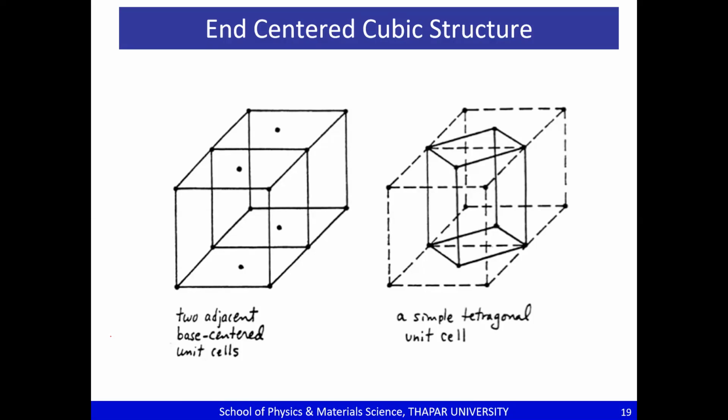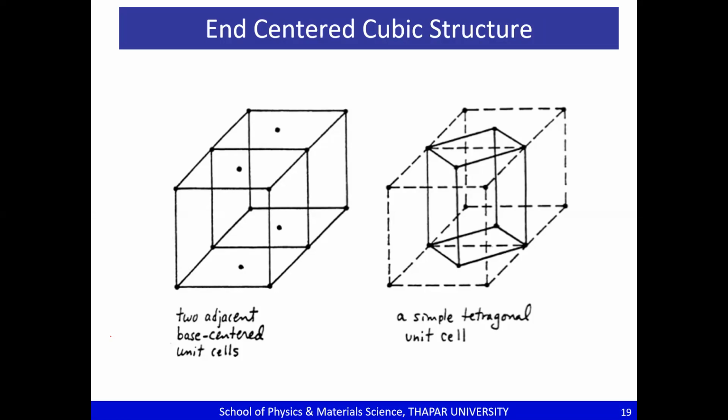While the image on the right is a primitive, simple unit cell, only the corners contribute 1/8 into 8. The effective contribution comes out to be equal to 1. Now if I compare the two, the image on the left has 2 lattice points per unit cell, while the image on the right has only 1 lattice point per unit cell.